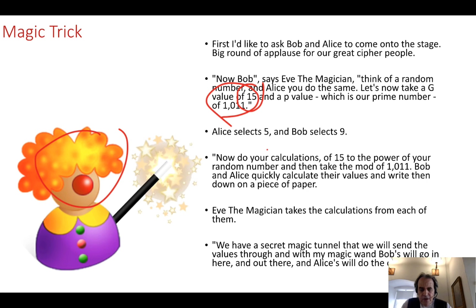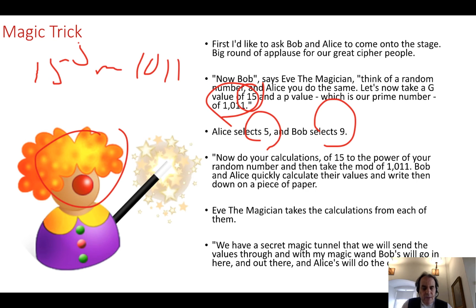She doesn't know, but Alice selects 5 and Bob selects 9. Now they're going to do their calculations. Alice will take 15 to the power of 5 mod 1011, and Bob will take 15 to the power of 9 mod 1011, and so on.